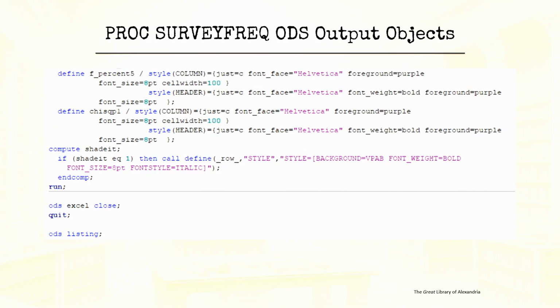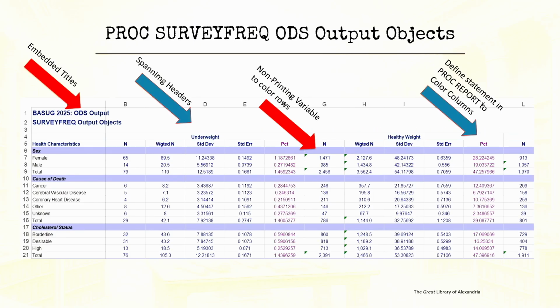Finally, we output the data. And at the bottom there, you can see where we're putting in the code to highlight. That is using a non-printing variable, and that's going to tell it to highlight certain rows because that little flag is set.